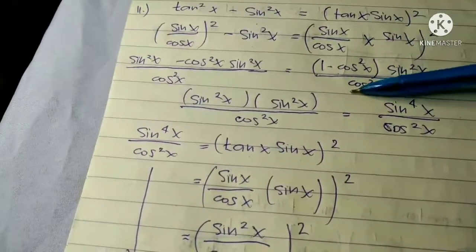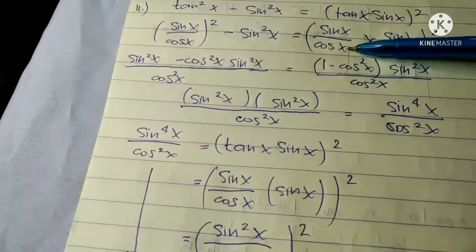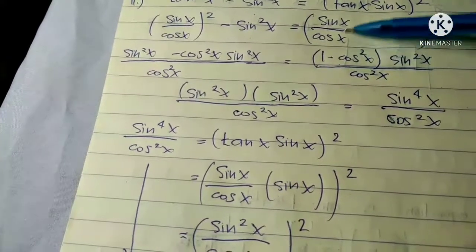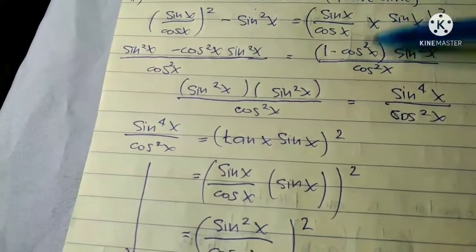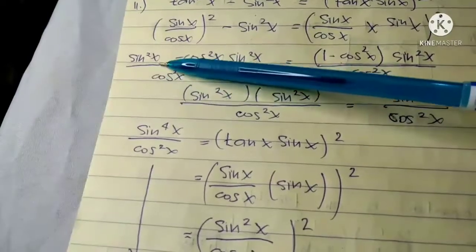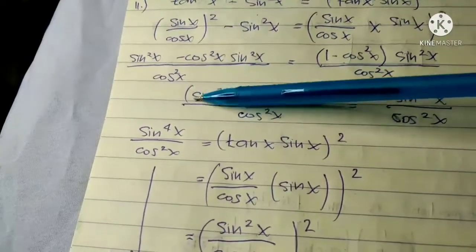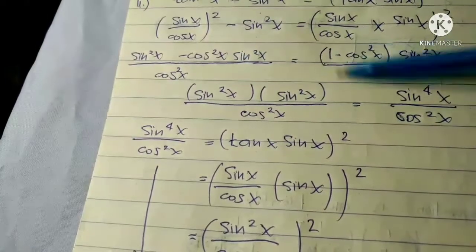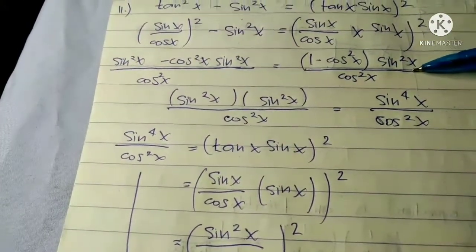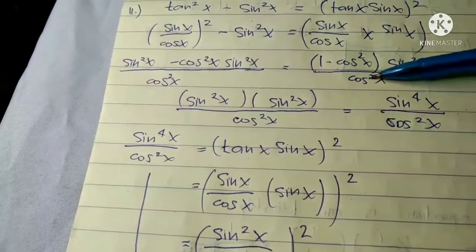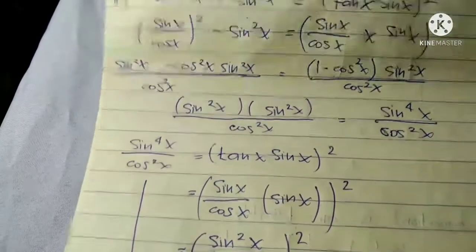So we can now factor. So we will get 1 minus cosine squared x. We have sine here and minus cosine squared x. So we can factor and put sine squared x outside and over cosine squared x.